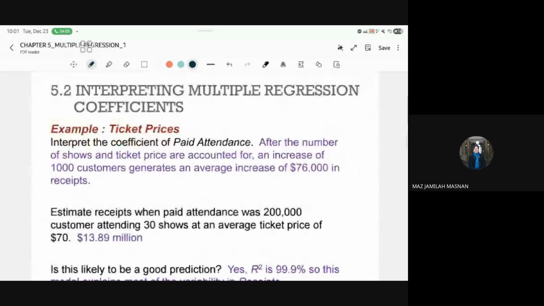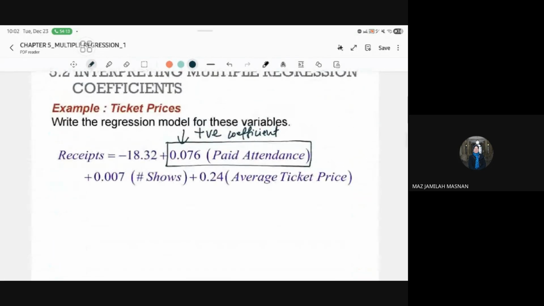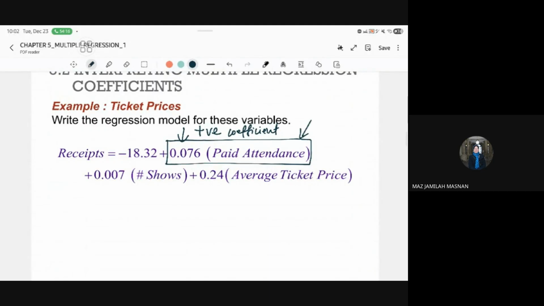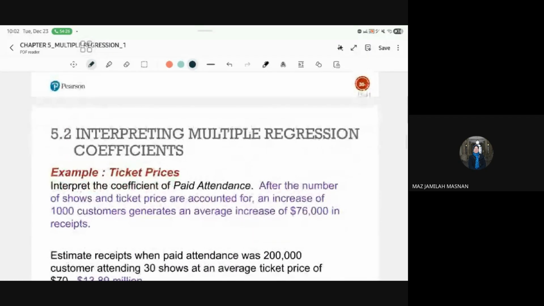Now, how do we interpret? After the number of shows and ticket price are accounted for, we are talking about the interpretation of paid attendance. So we are putting the number of shows and average ticket price as accounted for.